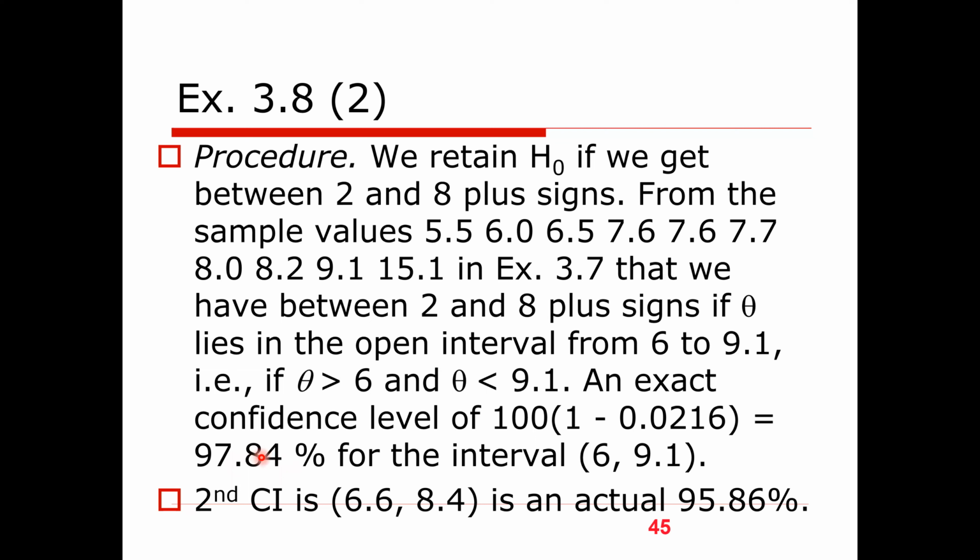And for the second, it's 95.86. It's closer to 95%. So the more observations we get in the sample, the closer we can get to the exact confidence level.